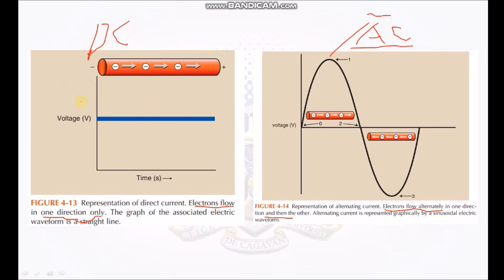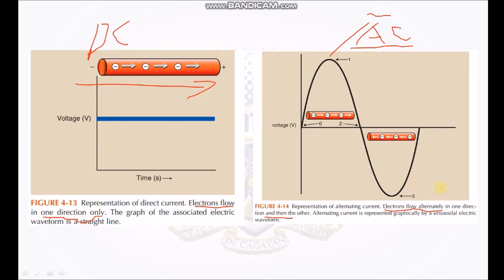Again, in direct current electrons flow in one direction only. In alternating current, the electrons move forward and then backward, then forward, backward. They are alternating in the direction of movement.